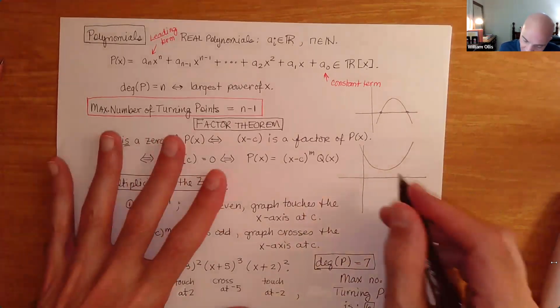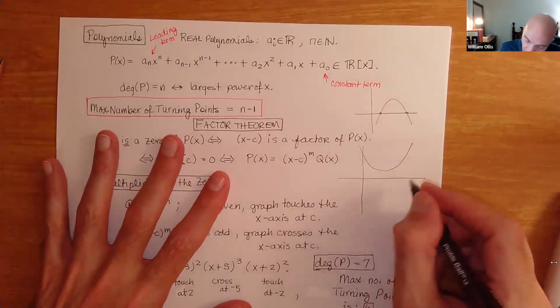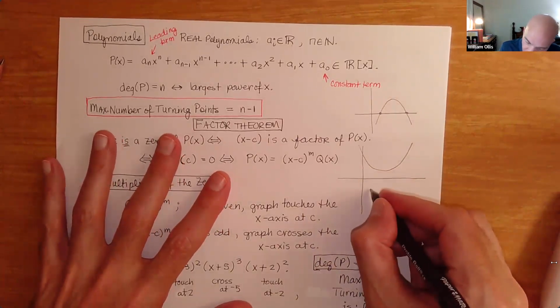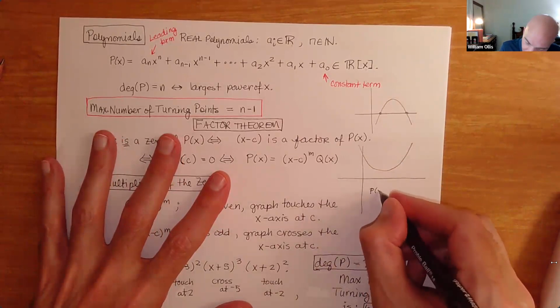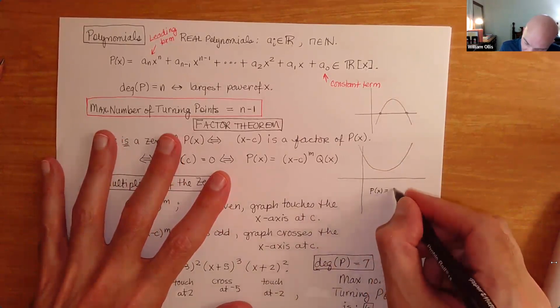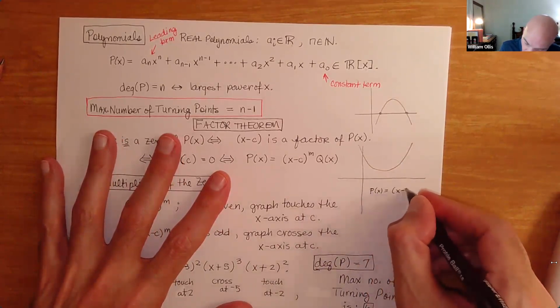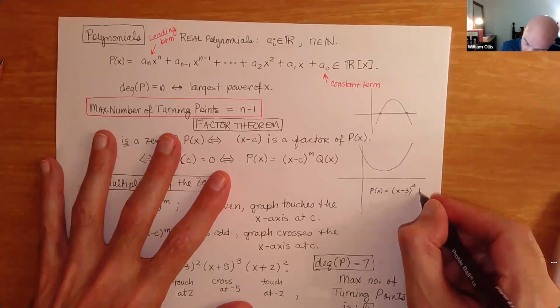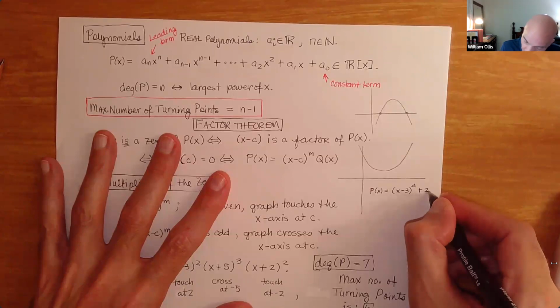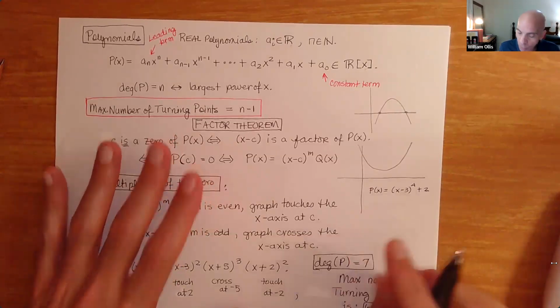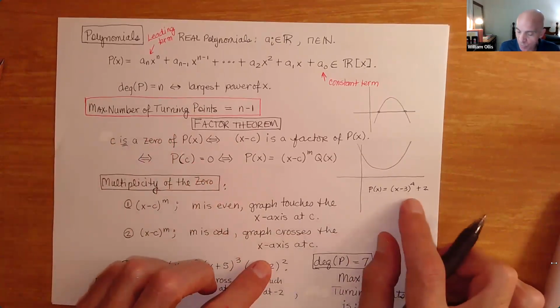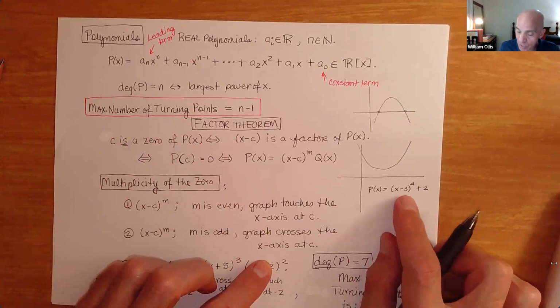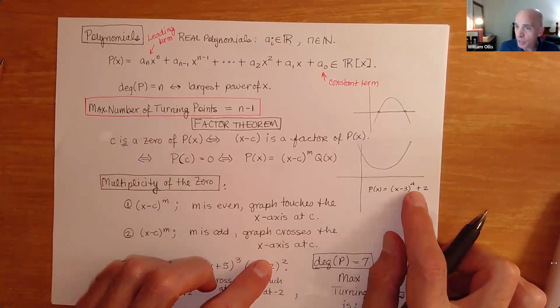Let's just say we have the following. Say it's shifted, so this could be like P of X equals, say, (X minus 3) to the 4th power plus 2. Now, when we look at this, and this is what's very interesting about this, notice we have a 4th power here.